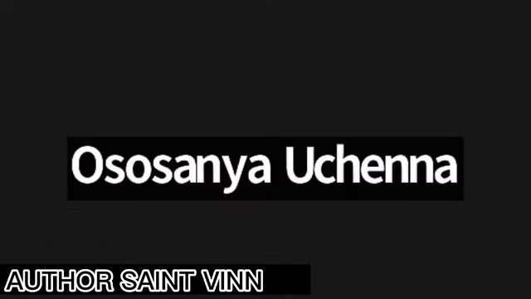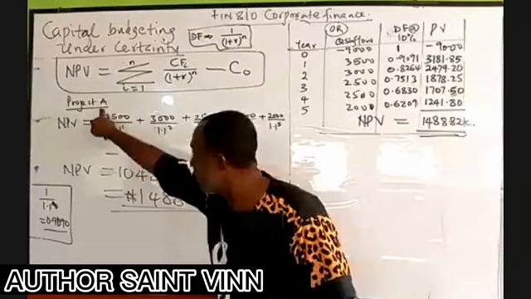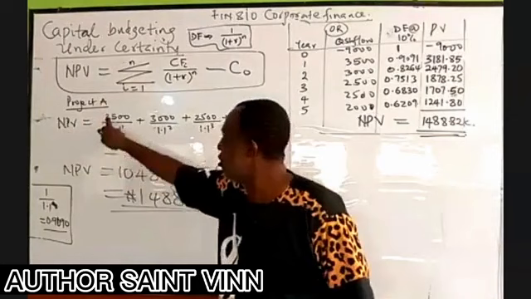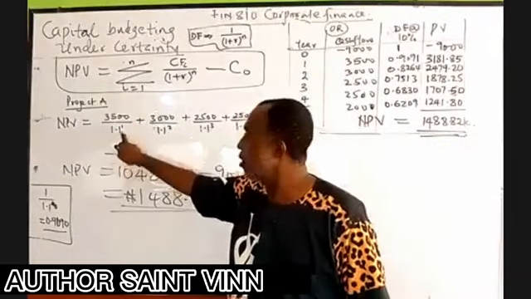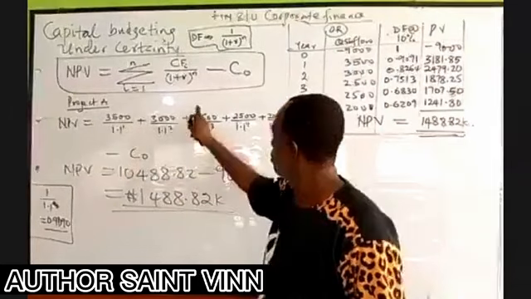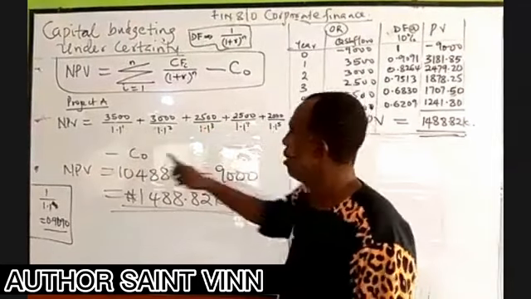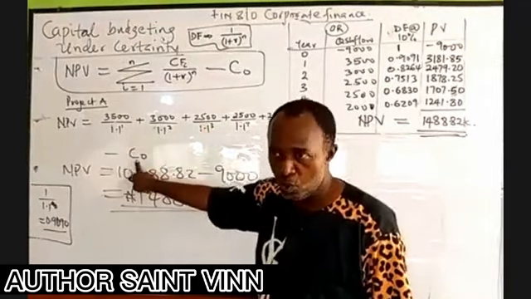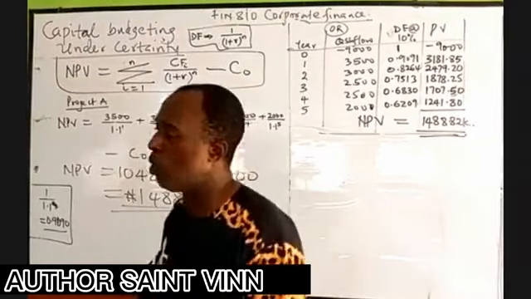But the first one is 2,400. So project B's NPV will be 2,400 over 1.1 raised to power 1, second one, third one, fourth one, fifth one, minus 8240. Let's see what you know.